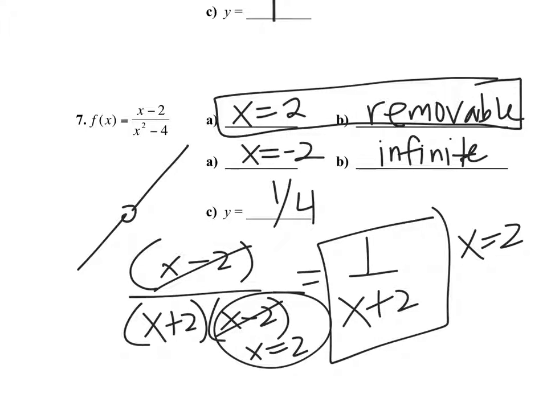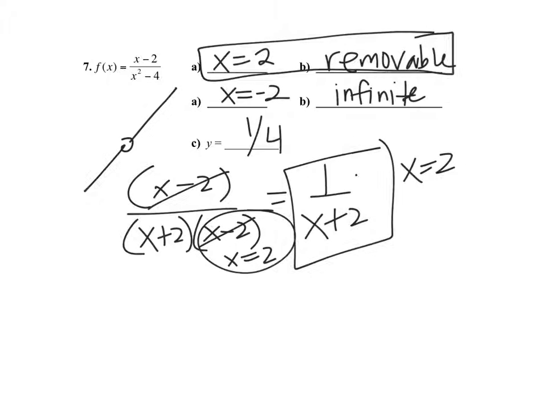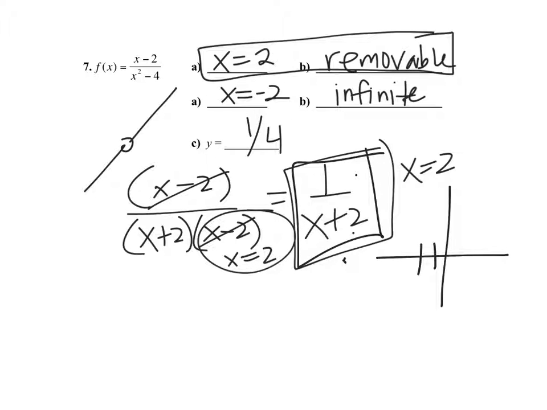And then how did I know that was infinite? Because this is 1 over x plus 2, and so that would be a vertical asymptote at negative 2. Anything that looks like that is going to have a vertical asymptote. But you could graph the original if you wanted to. Here, I'll graph it for you. It just looks like one of those rational function things with a hole in it.